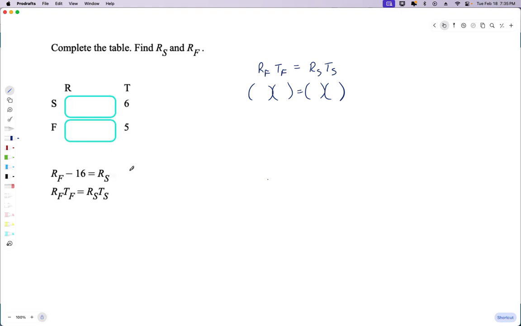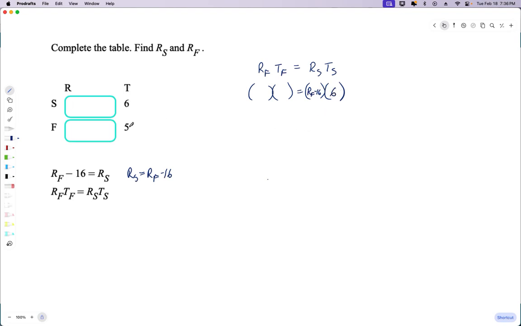We can rewrite this and say RS is equal to RF minus 16. So we know what RS is. We don't know what RF is. So RS, let's just put that in here. It's RF minus 16. And TS is equal to 6.